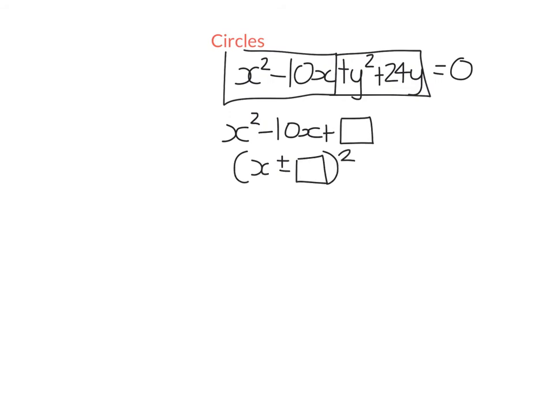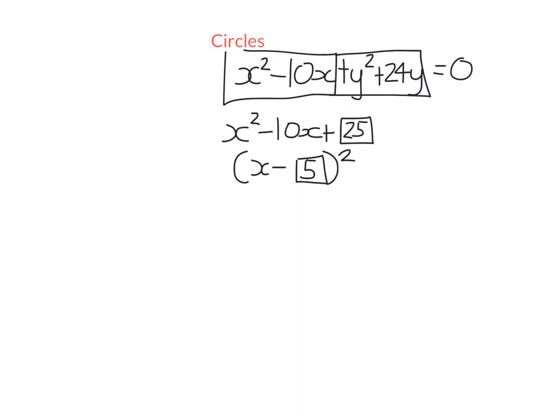So the number that goes in here is half of b, that is b on 2. b is -10, so the number I want to put in here is -5. So I want to make this into (x - 5) squared. But if I were to expand this, I'd get x squared minus 10x plus 25. -5 squared is 25. So I want to add that onto the end there.